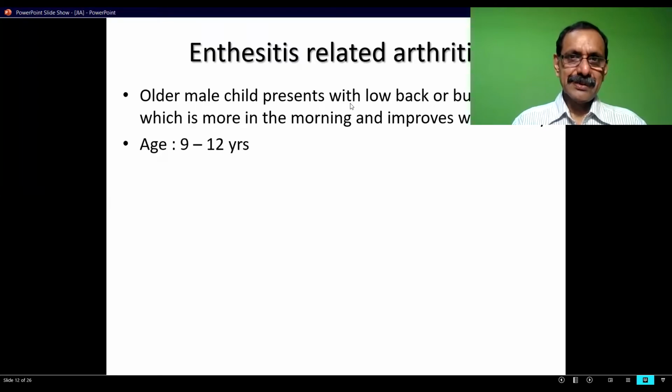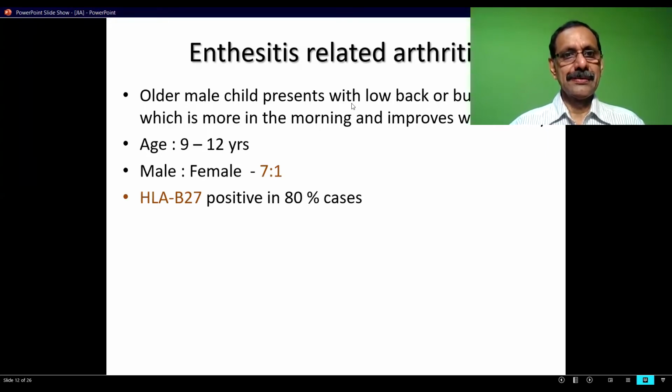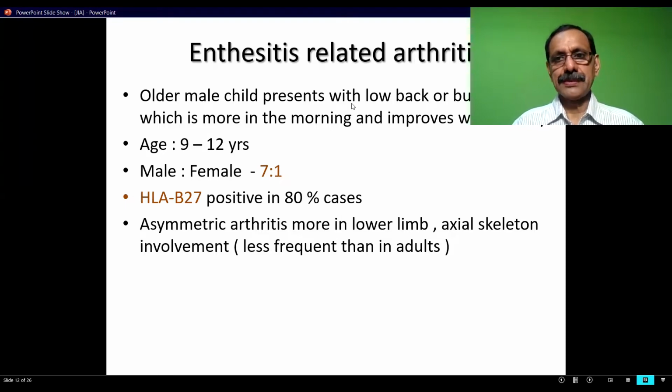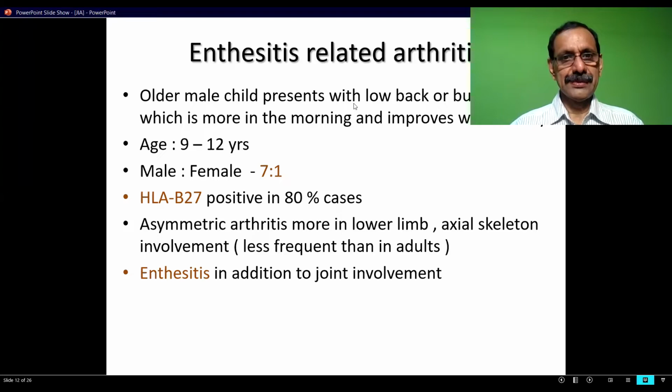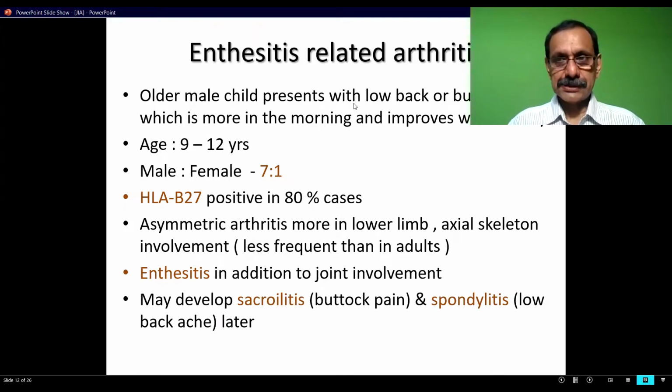In addition, there is a predominant involvement of the sacroiliac joints also. The axial skeleton may be involved. Spondylitis is possible, and actually this is the child equivalent of ankylosing spondylitis of the adult.